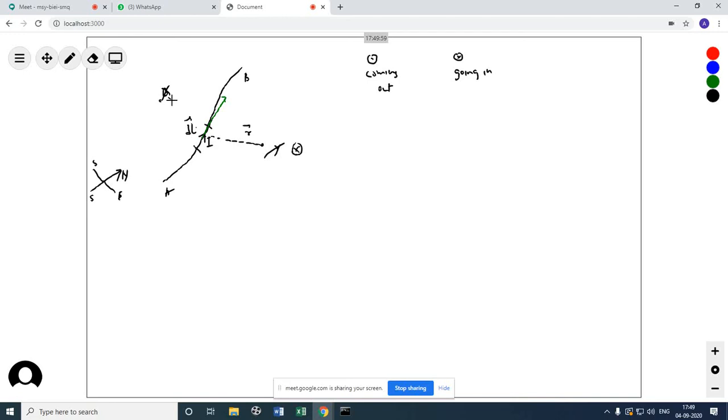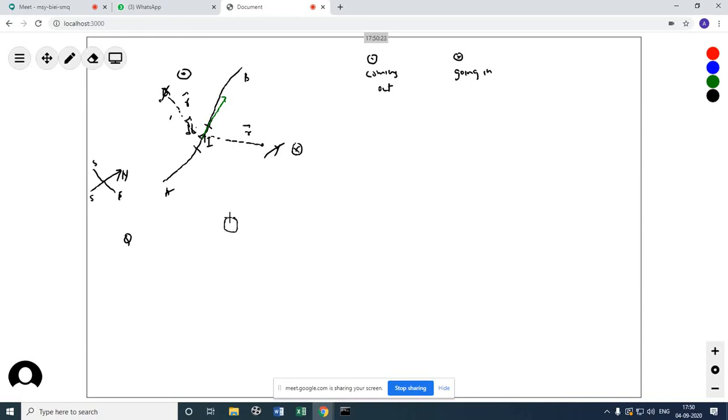What about X then? From dl, when you go towards X, it's outwards, coming out, dot. Correct. Very good.